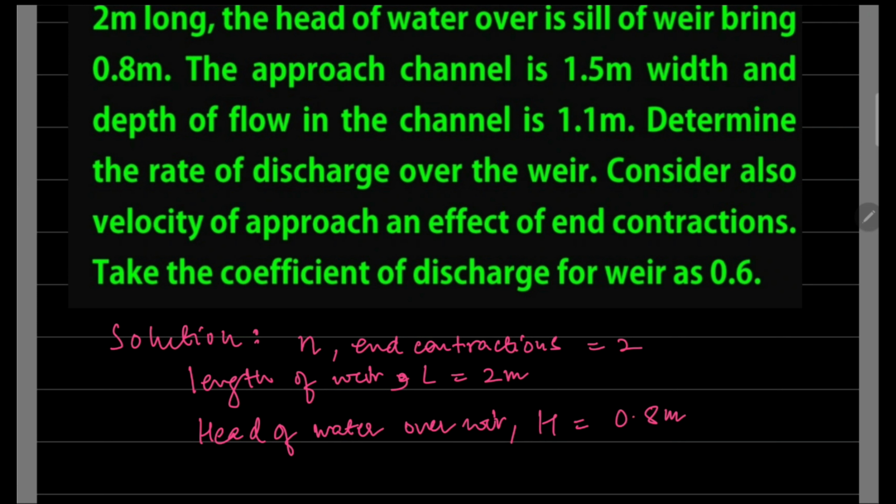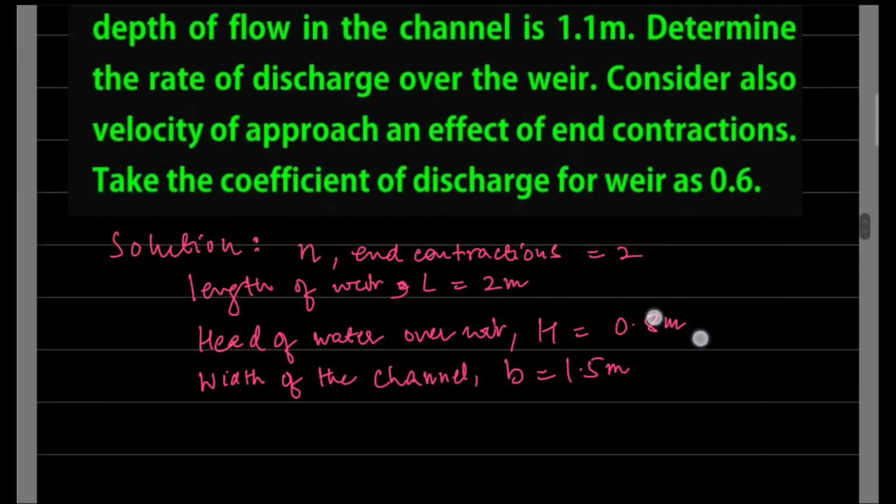Then the width of the channel is given to us. So width of the channel, we write with letter B. So B is given as 1.5 meter, and the depth of flow in the channel is 1.1 meter.